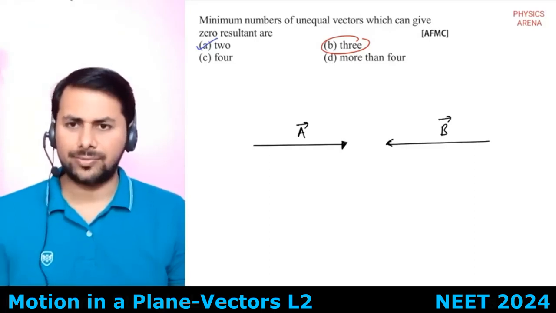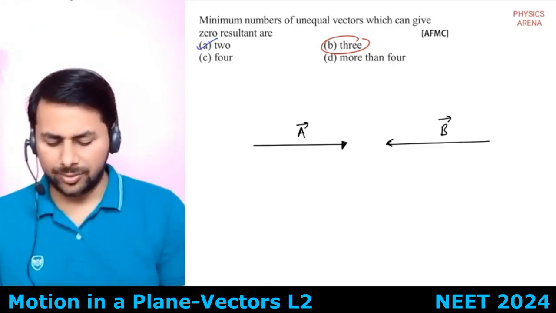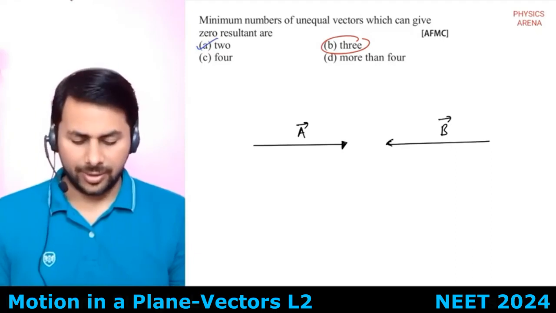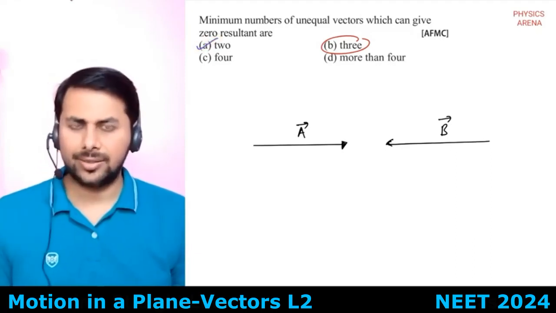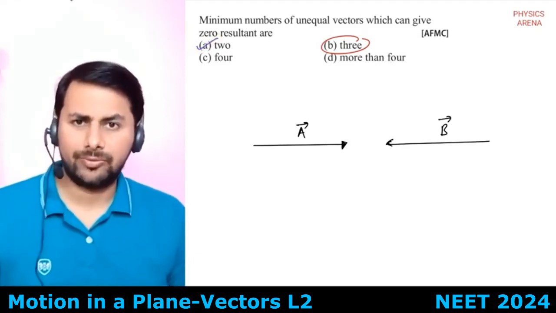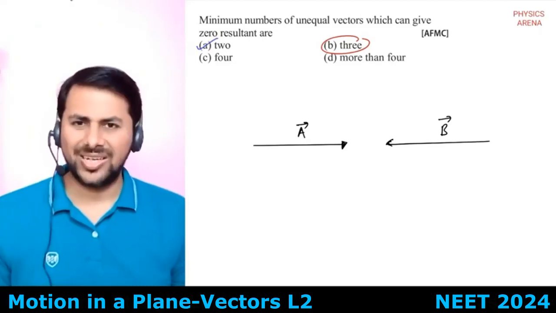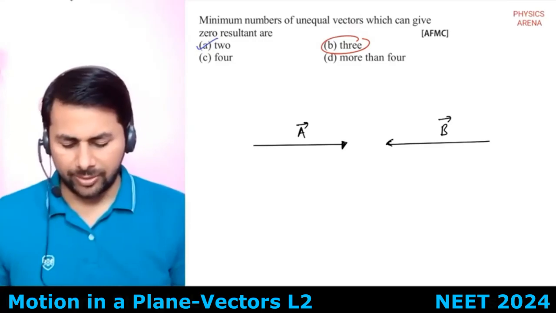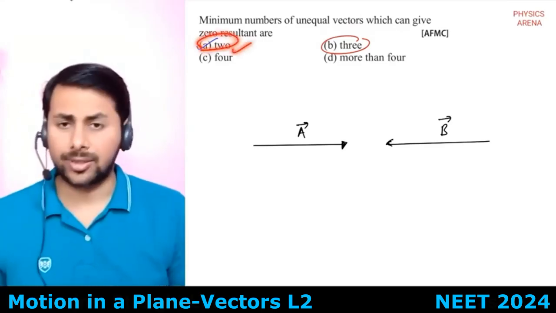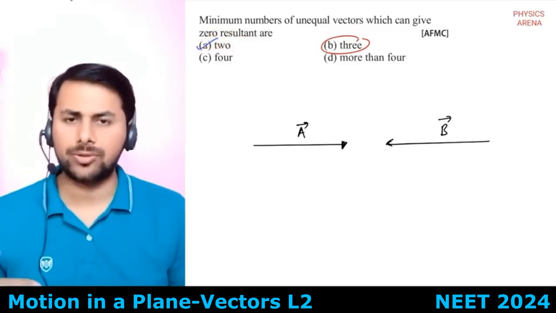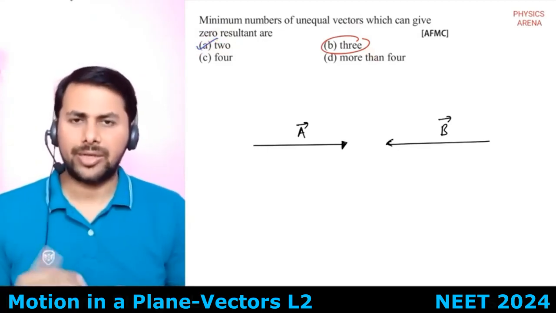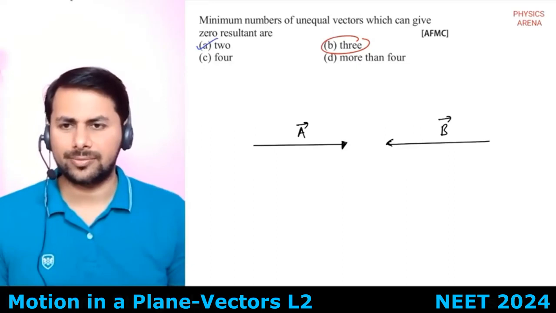Actually, you have to mark 2, not 3, because 2 is the correct answer and we can file a dispute. Ultimately, they will either have to accept that this one is correct and that one is wrong, or they will have to give everybody 4 marks.